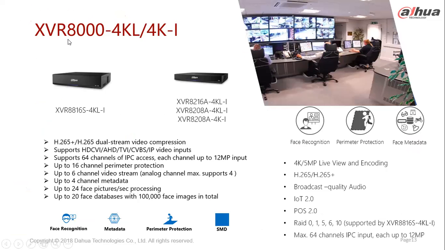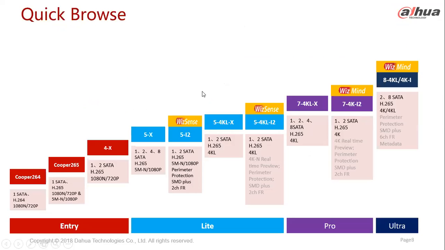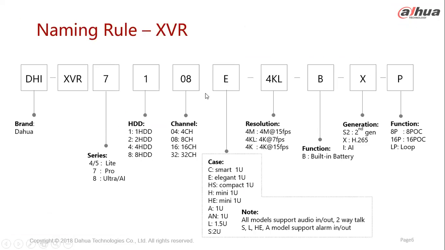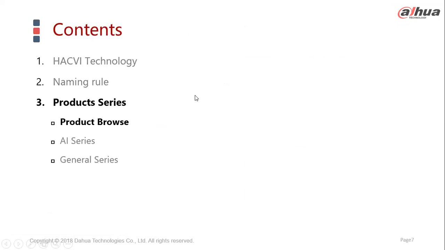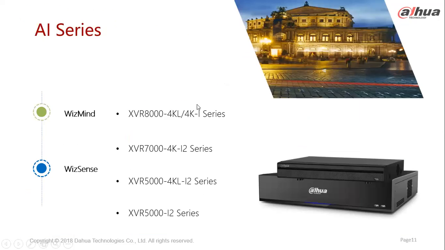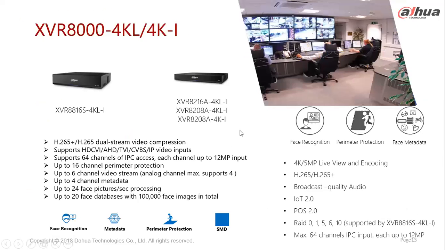An example is the XVR8 series with 4K and 4KL, maybe 7 frames per second at 4K, 4K lower or 4KL. It has functions like face recognition, so you can achieve face recognition with an XVR. You can do perimeter protection and face metadata.